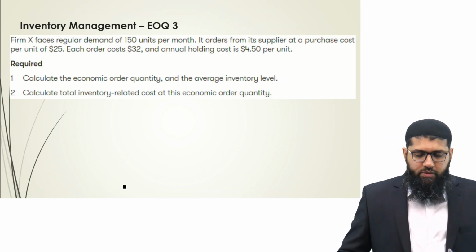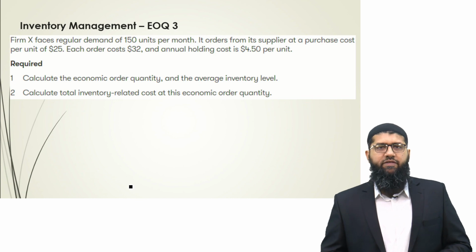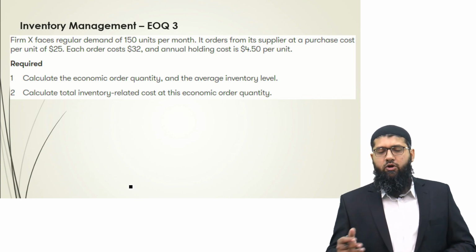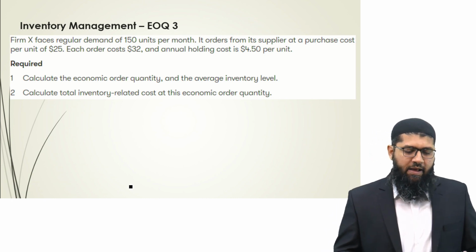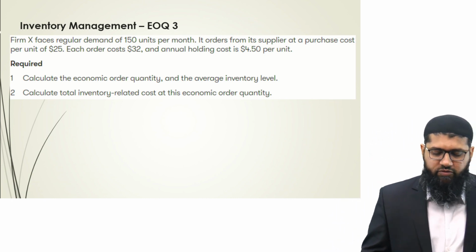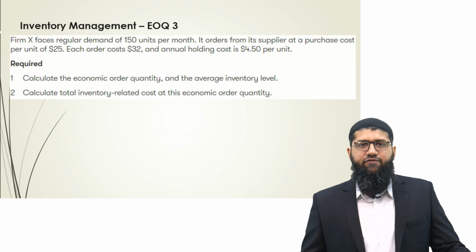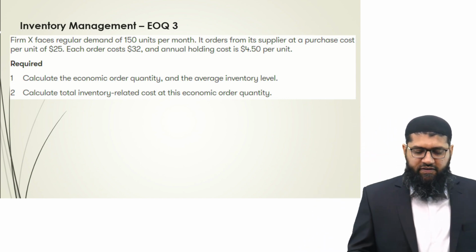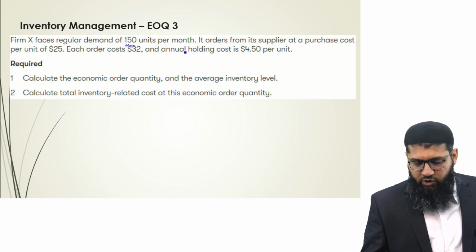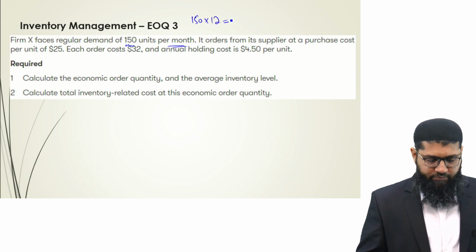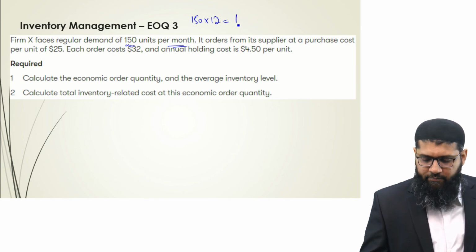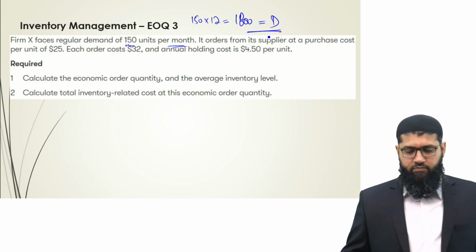Now, this is another example, and through it we will discuss another concept with respect to EOQ calculation. Firm X faces regular demand of 150 units per month, so 150 multiplied by 12 is 1800, the annual demand.